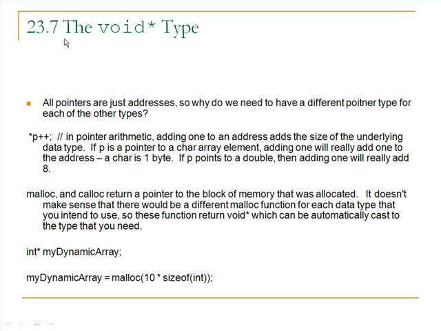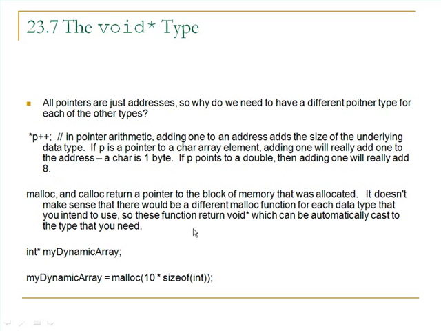In pointer arithmetic, we're adding 1 to an address, which really adds the size of the underlying data type in bytes. So if p is a pointer to an int, adding 1 to it would add 4 bytes. If it's a char, then adding 1 to it would really add 1, because a char is 1 byte. If it's a double, then adding 1 to it would really change the address by 8.